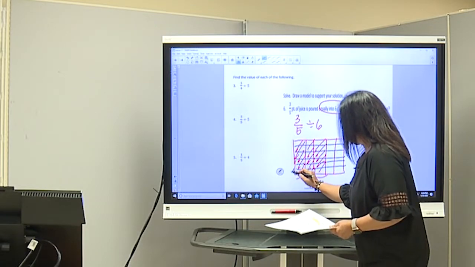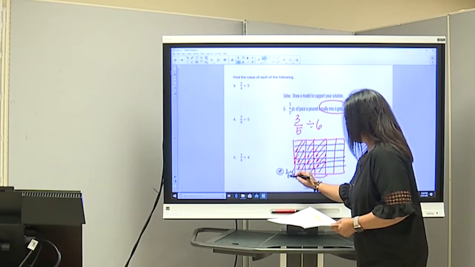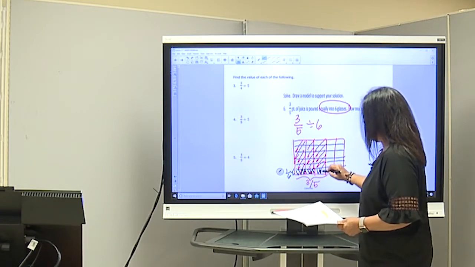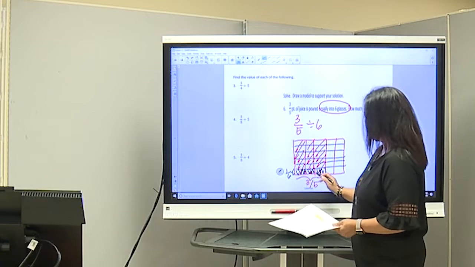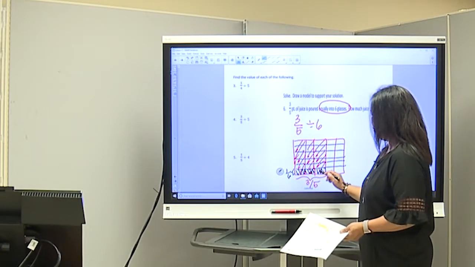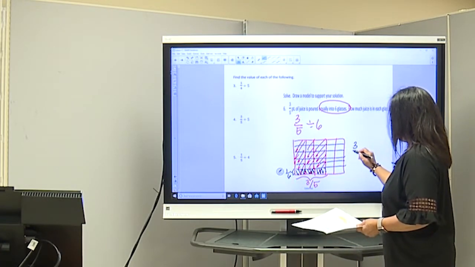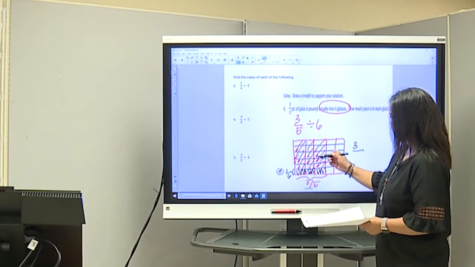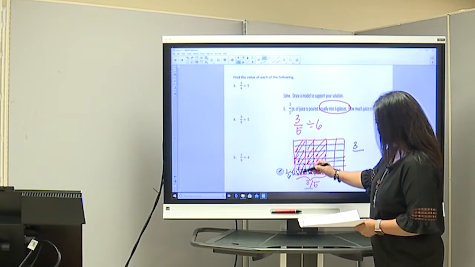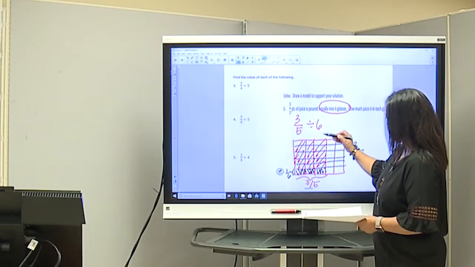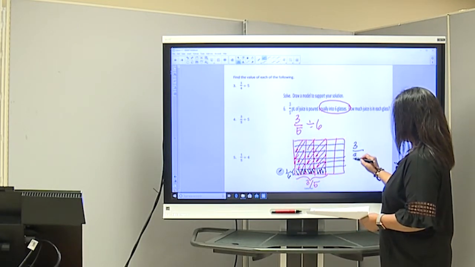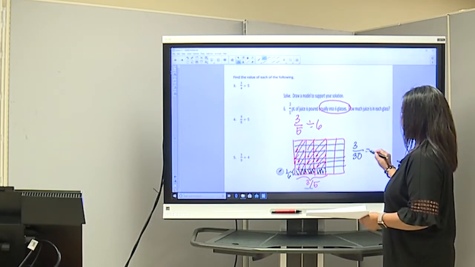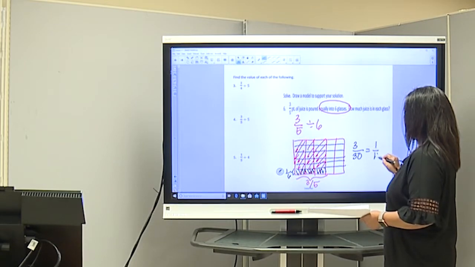So this is one of the glasses, so that's 1 out of the 6 glasses. I'm going to shade this part, and look, how many double shaded did we see here? 1, 2, 3. 3 out of how many? That's a lot. So this is 6 plus 6. So there are 5 of them. So that's 3 out of 30 is double shaded. When we simplify that, we get 1/10.